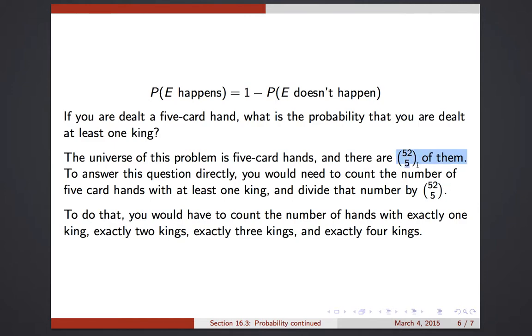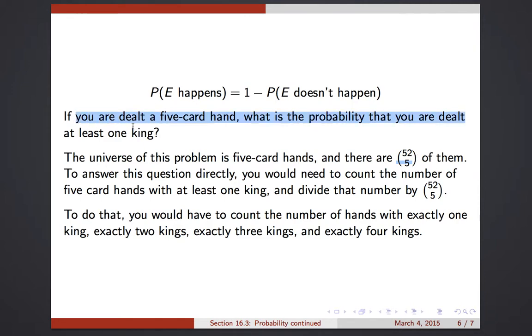So there are 52 choose 5 5-card hands, right? You're taking 5 cards from 52 cards in such a way that the order does not matter. So there's the answer to the size of the sample space here, right? Your sample space, or your overall universe, is all of the possible 5-card hands. There's that count.